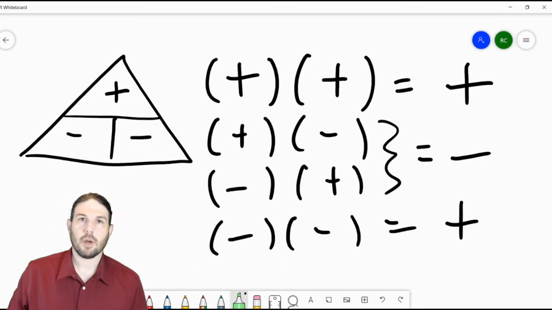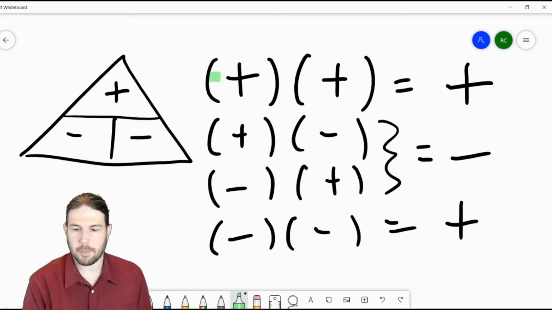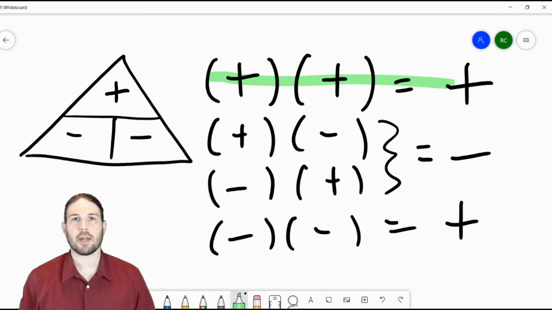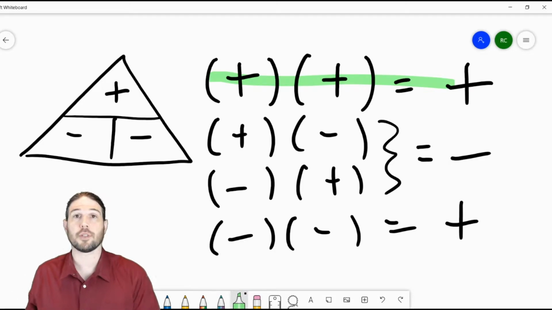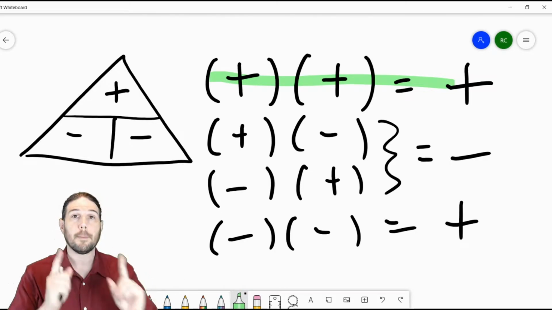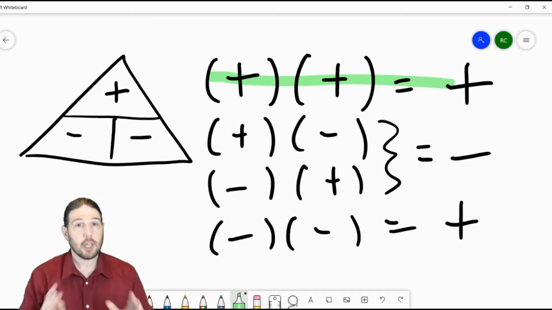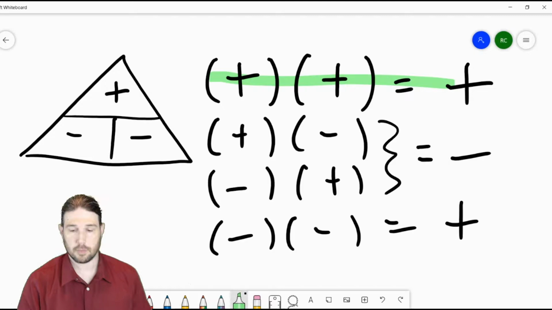Okay, now you already know that if you take a positive and a positive, it's going to be positive. Like, we already know that. That's not a thing that we need to be concerned with, right? No sense in coming up with new rules for stuff that we already know. But what if we have a positive and a negative or two negatives? The pyramid will show us what to do.